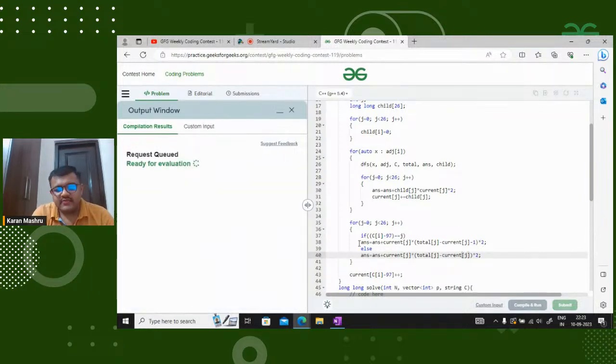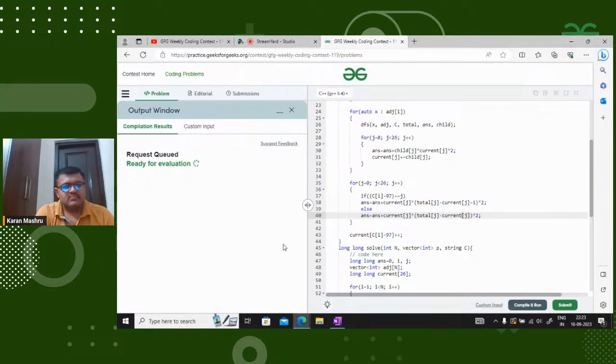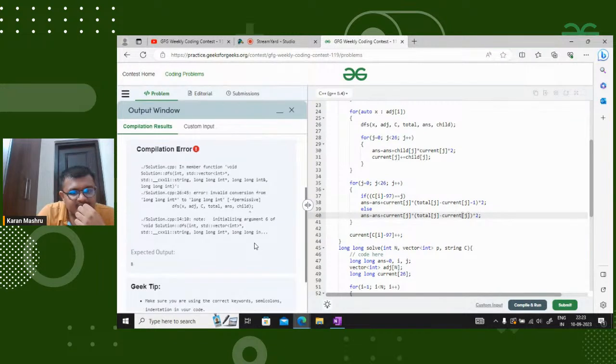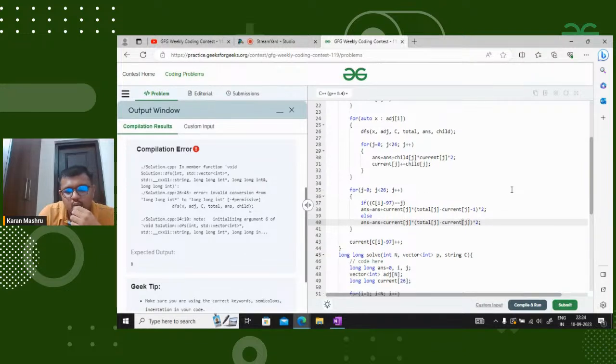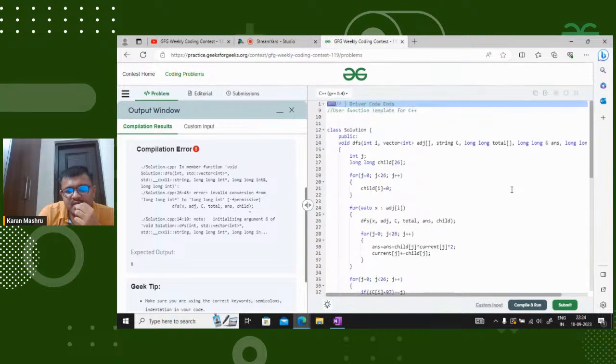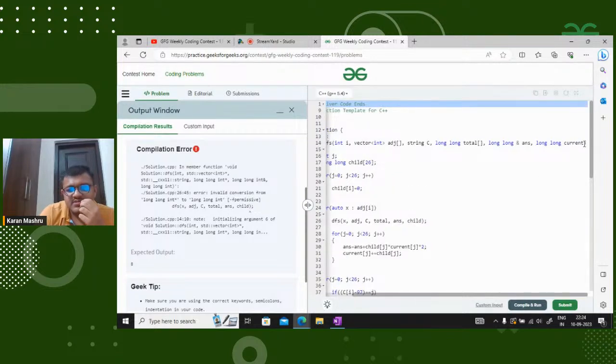So let us see if this works. Invalid conversion from long int to long int. Okay, so what's the issue? This current is an array, right?